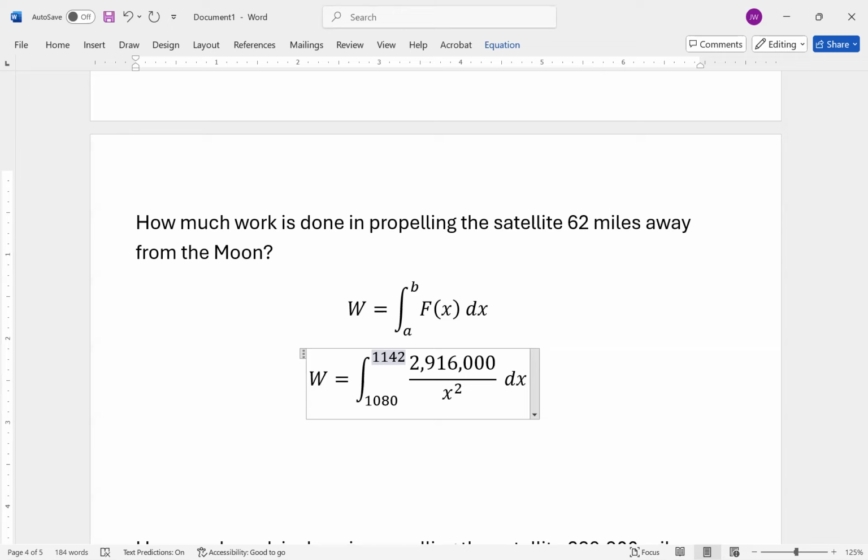And obviously, we can just use our calculator just like usual. I ended up with 146.58. Again, this is in miles and tons, so this would be in mile tons.